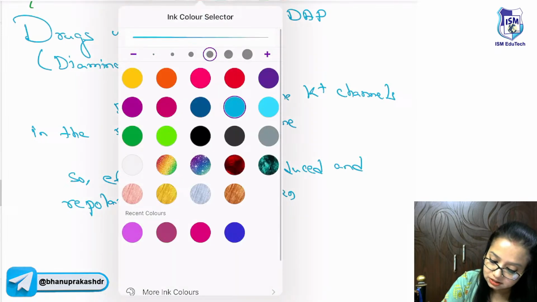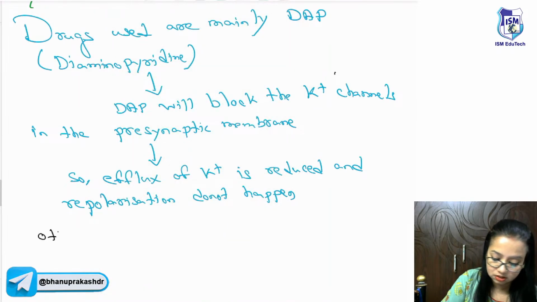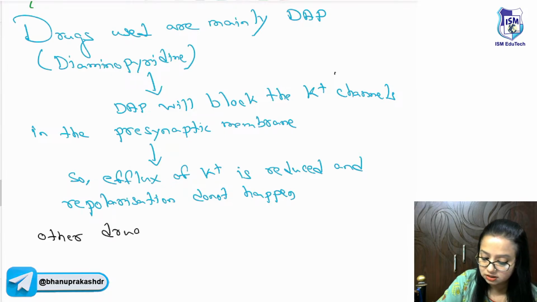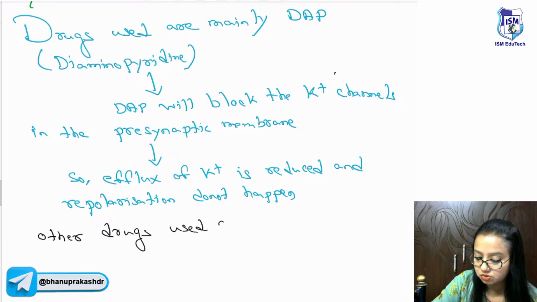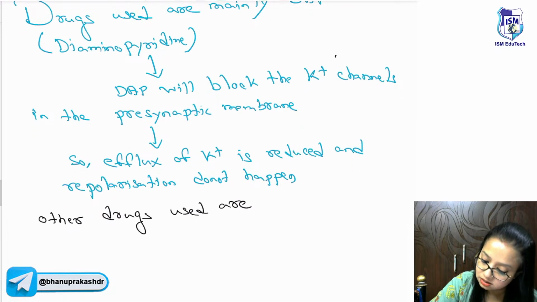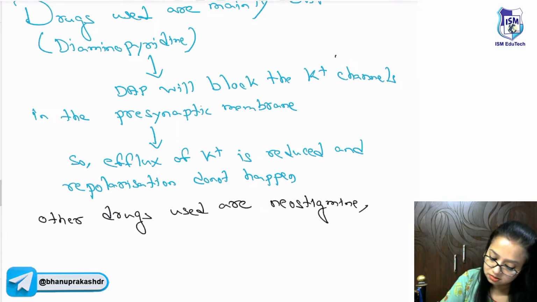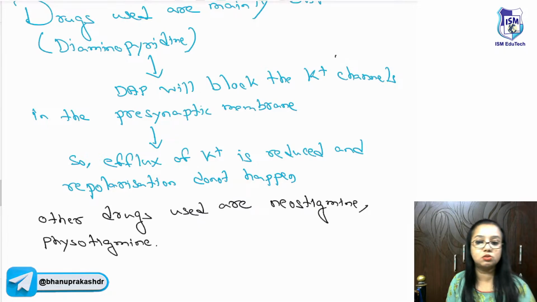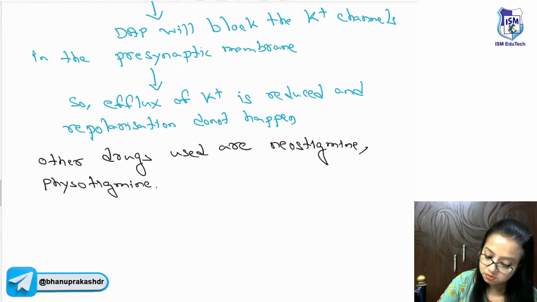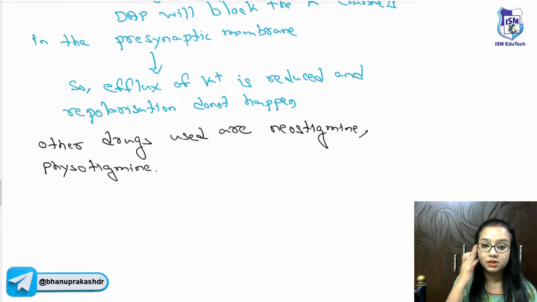Other drugs used are neostigmine, physostigmine group of drugs, which basically inhibit the breakdown of the acetylcholine present in the synaptic cleft.